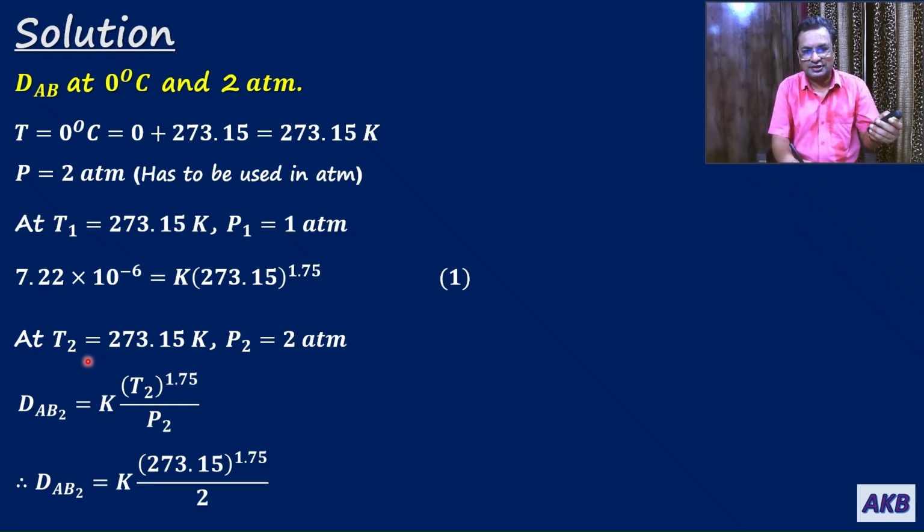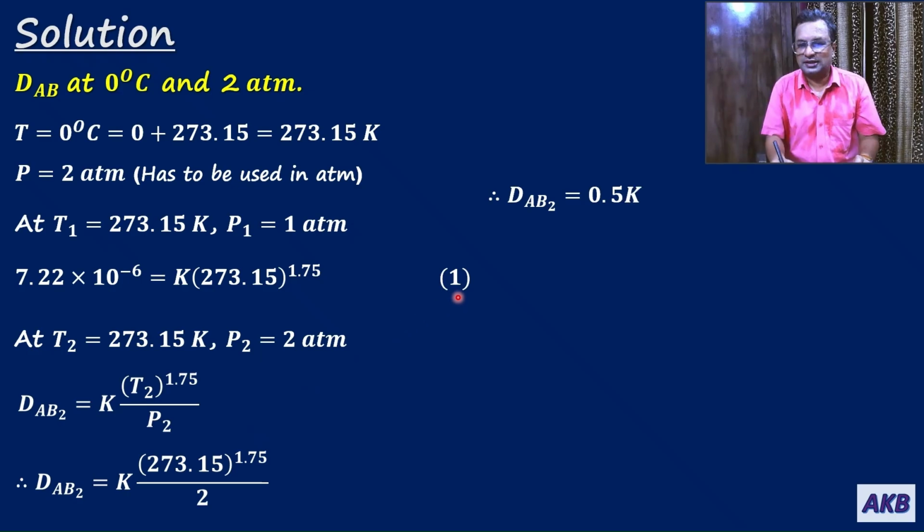In the previous part also, we had considered T1, P1 as known, and at T2, P2 we had to get DAB. So in this case too, at T1, P1, DAB is known, and we are going to get it at T2, P2.